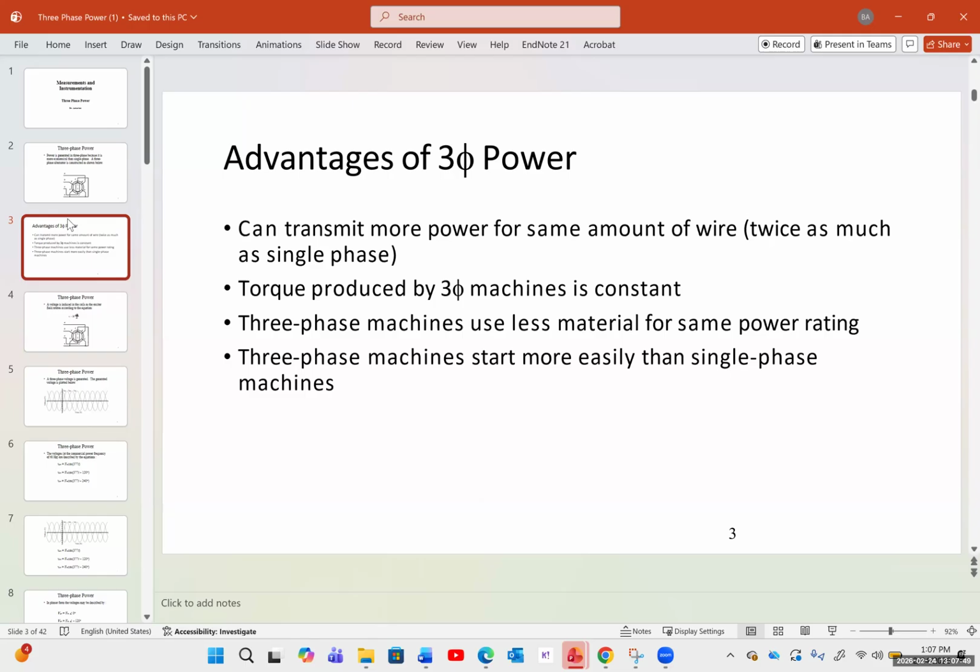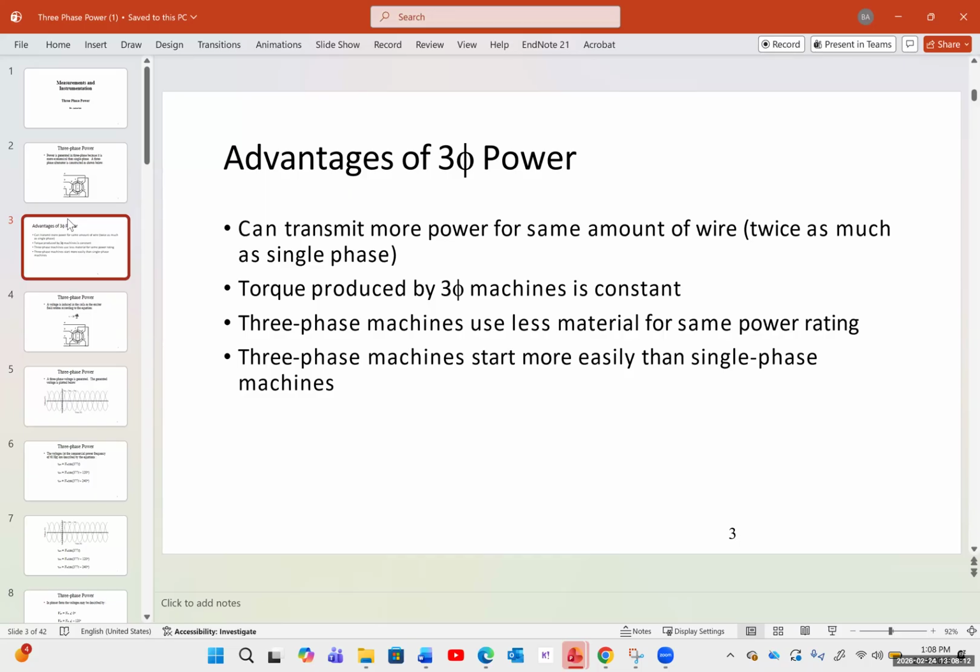A three-phase power system can transmit more power for the same amount of wire, around twice as much as a single phase. Why twice as much? Because in a single phase, you need a neutral and a phase. In a three-phase, you just need three phases.